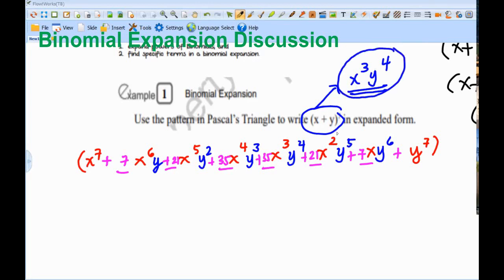So what would be your answer? Your answer should be 35. Okay, that's how you will do it. So if you know the Pascal's triangle, then you can answer. And later, how do we solve that without using the Pascal's triangle? There is a rule to do that.